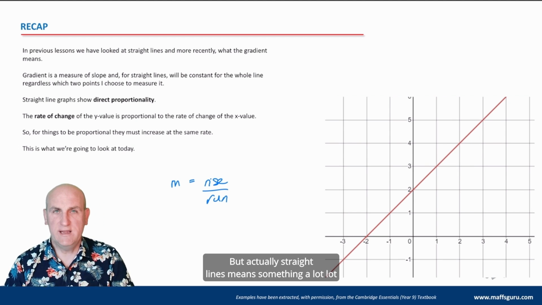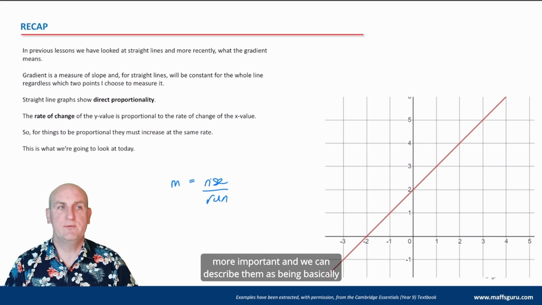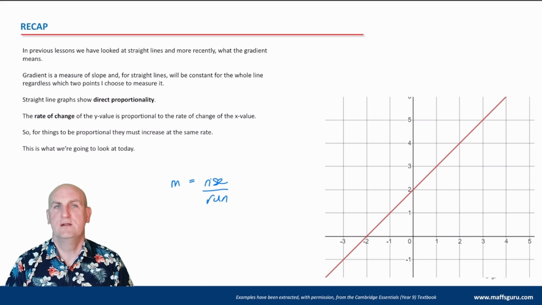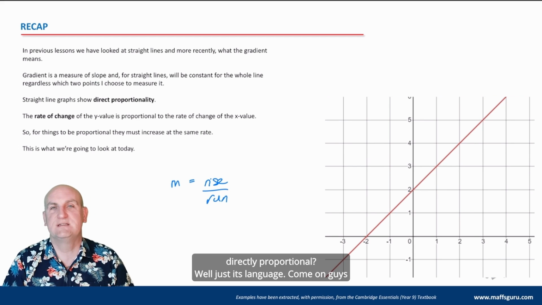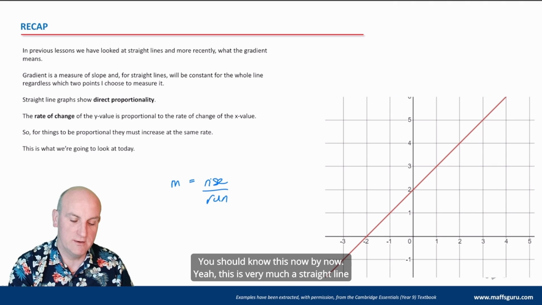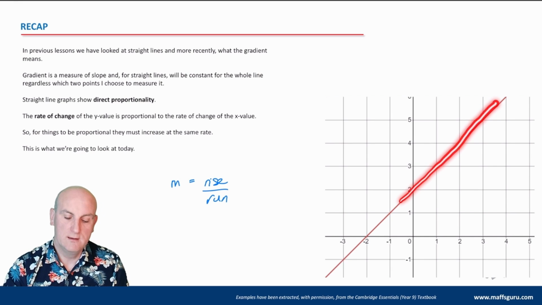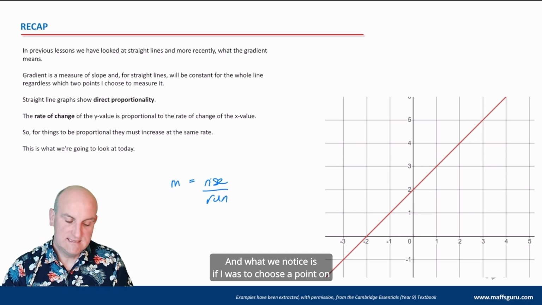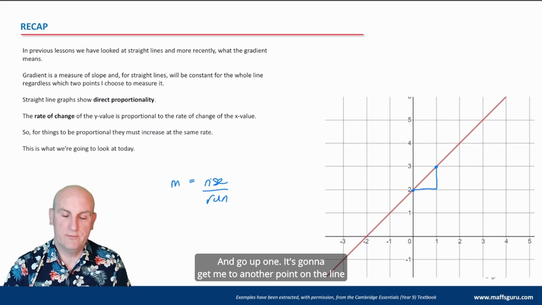But actually, straight lines mean something a lot more important. We can describe them as being directly proportional. You're going to say, what do you mean directly proportional? Well, it's language. This is very much a straight line. If I choose a point on this line, and go across 1 and up 1, it's going to get me to another point on the line.